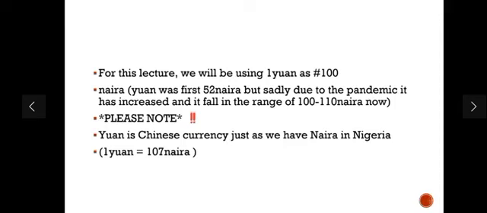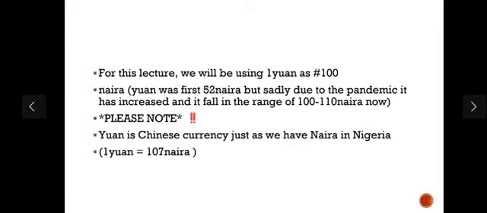It will interest you to know that yuan was first 52 naira before the pandemic we all know about, but it has increased. At the time of writing this lecture note, it was over 100 to 110 naira, but it is above that now.